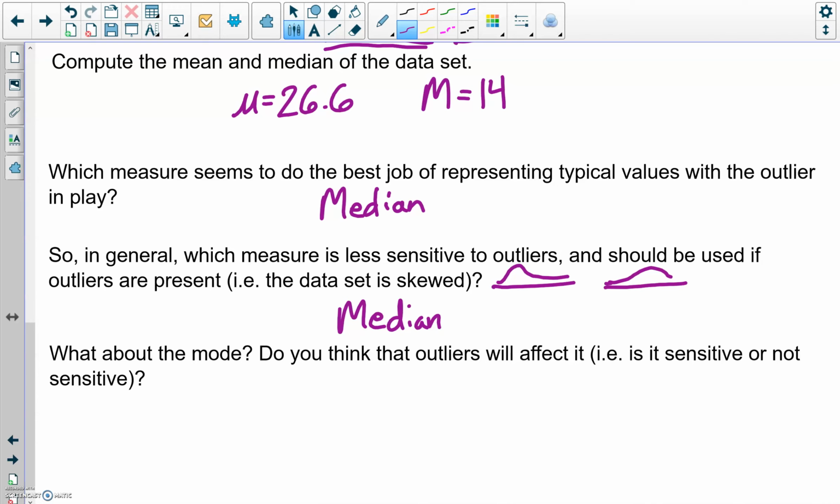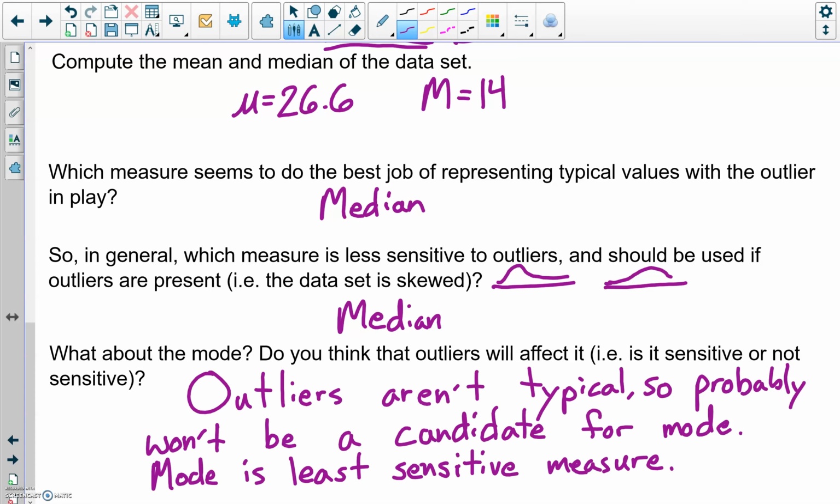So what about the mode? You think outliers will affect it? Well, let me fill you in on this. Outliers aren't typical, so probably won't be a candidate for the mode. The mode is the least sensitive measure, always going to be the least sensitive one. And if you look at the rankings, mean, super sensitive.